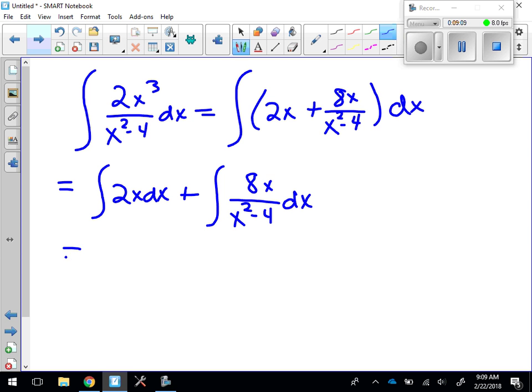Well, and first of all, if you look at the integral of 2x dx, can you solve that by inspection? And what is it? X squared. And then I have this.